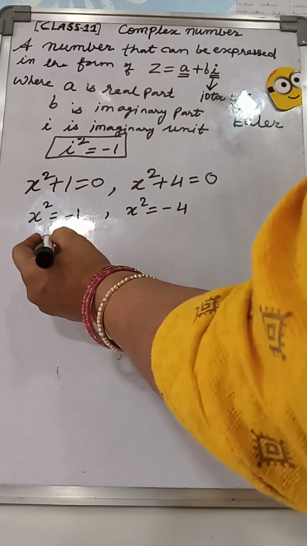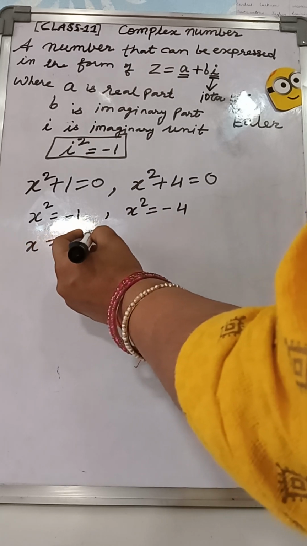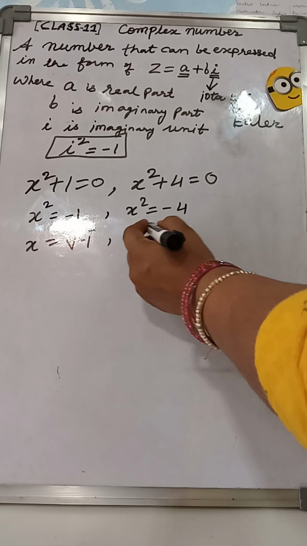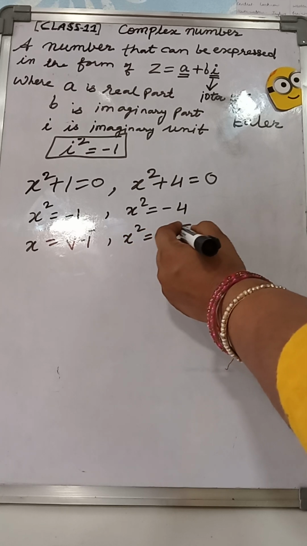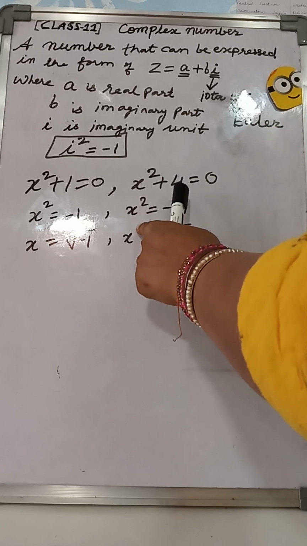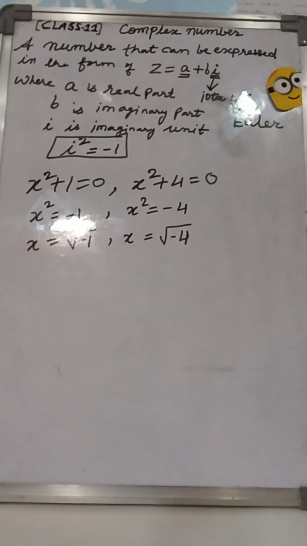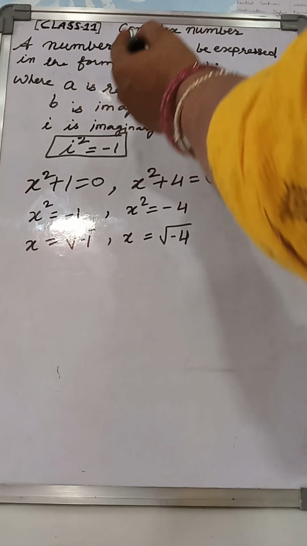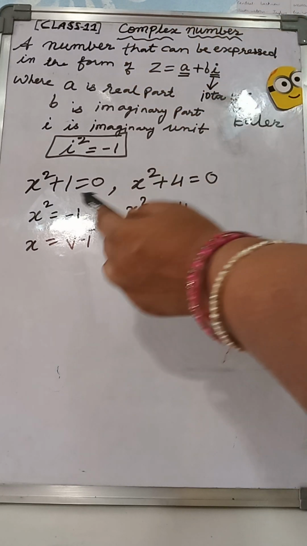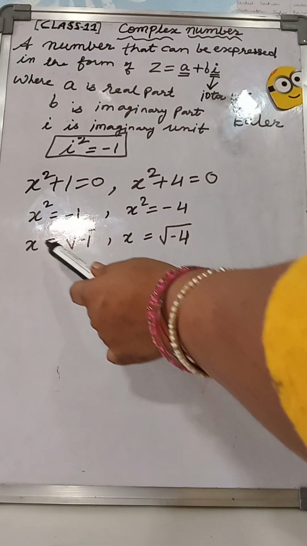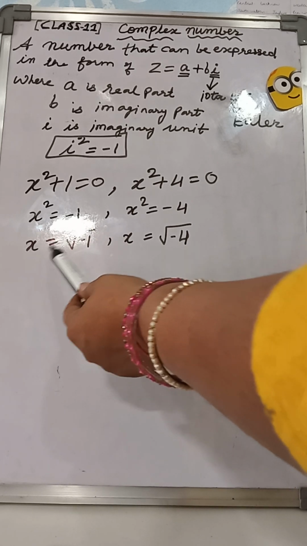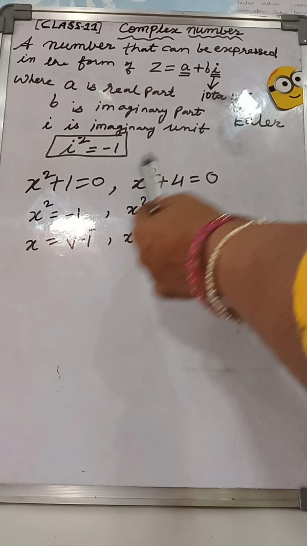Now square root of negative real number is not possible. See here, square root of negative real number is not possible. So they introduced complex number. Scientists introduced complex number because they were unable to give the solution of this type of equations.